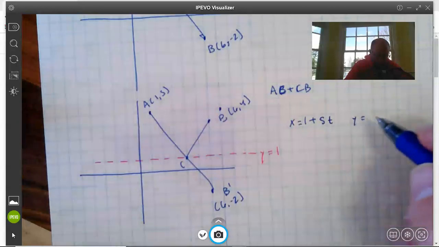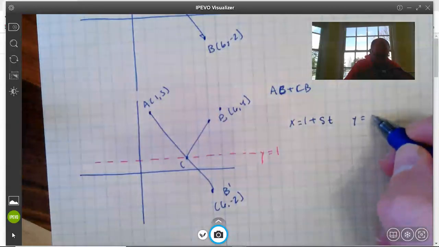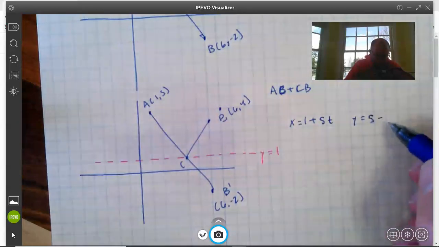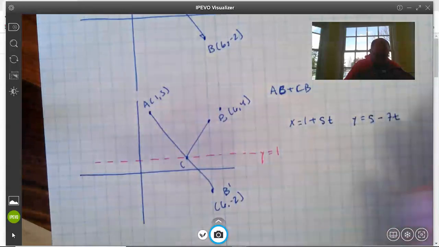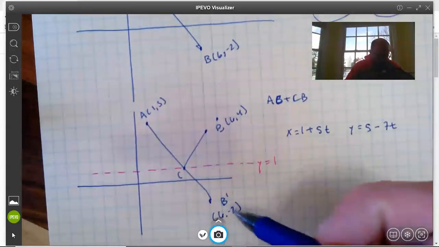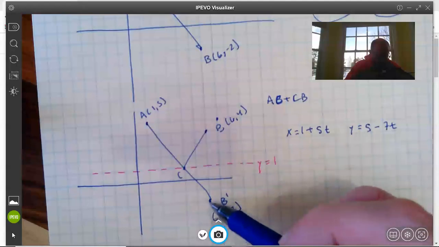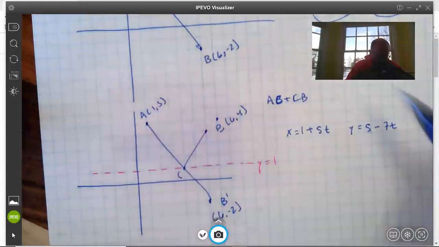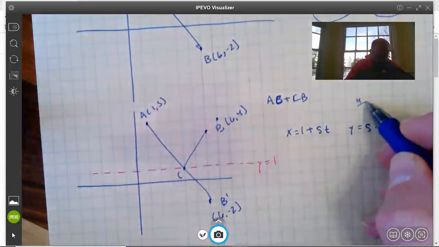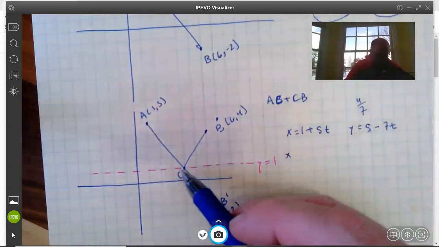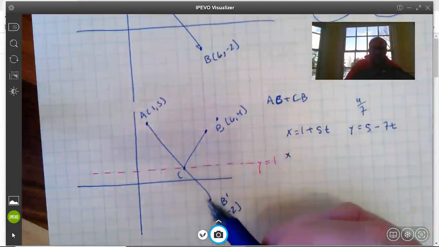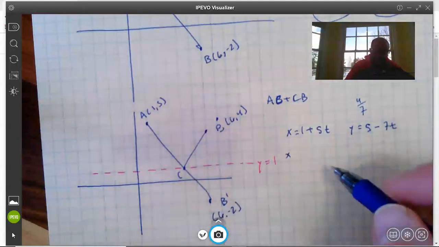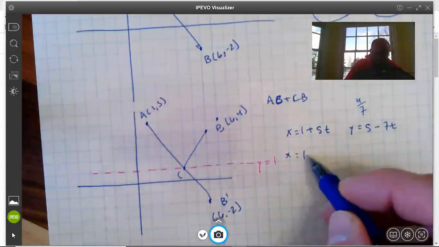And y, same two parametric equations: 5 minus 7t. This time we're 4/7 of the way, because our y coordinate is 4/7 of the way between the two y coordinates, so both of them should be.